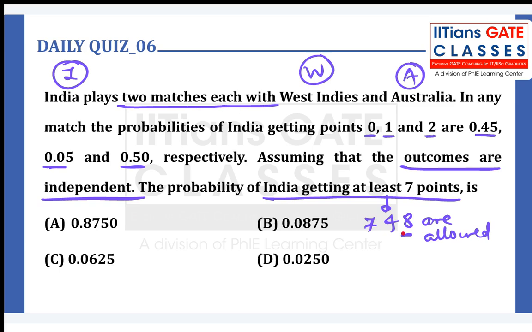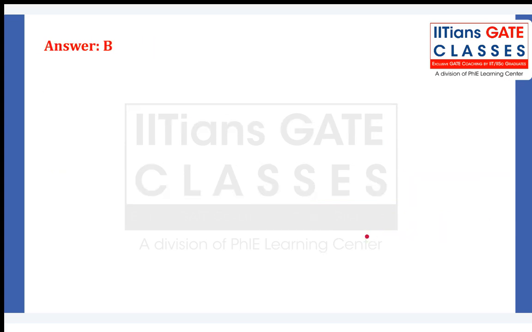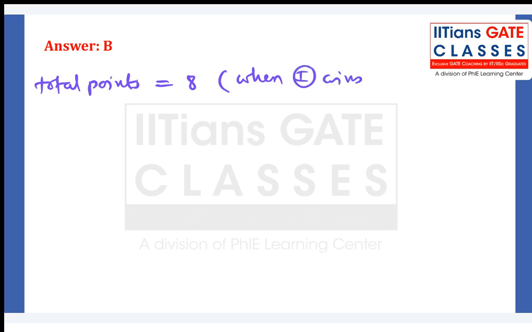Total points equal to 8 happens when India wins all 4 matches, so it beats Australia and West Indies in all 4 matches. That is one case.